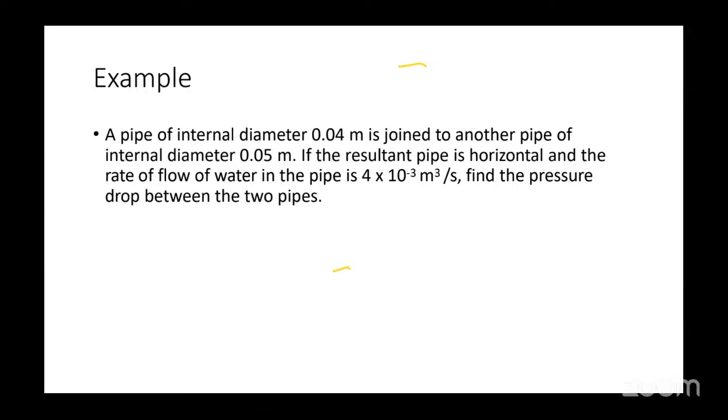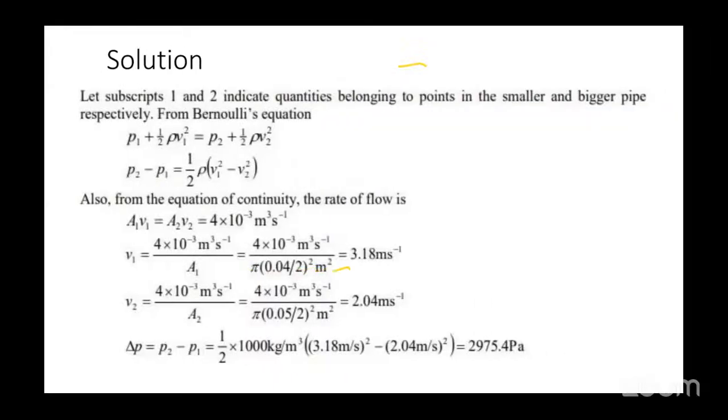Now, this pipe is laid horizontal, which implies that even when you apply Bernoulli's principle, the part that has the height will be eliminated. So let's go on to the solution. So P1 plus half rho V1 square is equal to P2 plus half rho V2 square.